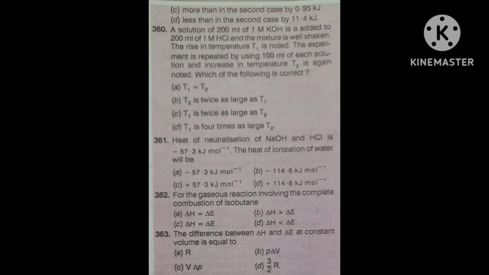The experiment is repeated by using 100 ml of each solution, and increase in temperature T2 is again noted. Which of the following is correct? First option, T1 is equal to T2. Second, T2 is twice as large as T1. Third, T1 is twice as large as T2. Fourth, T1 is 4 times as large as T2.